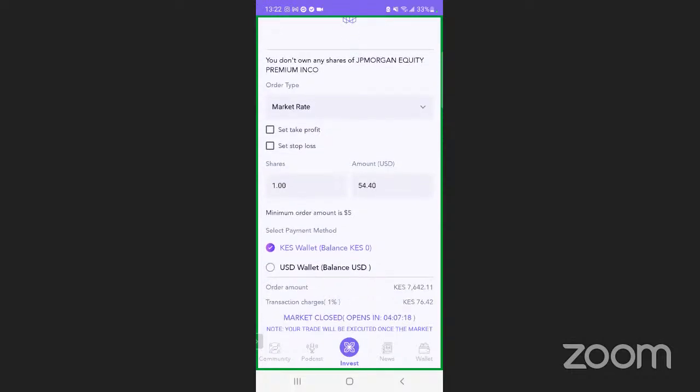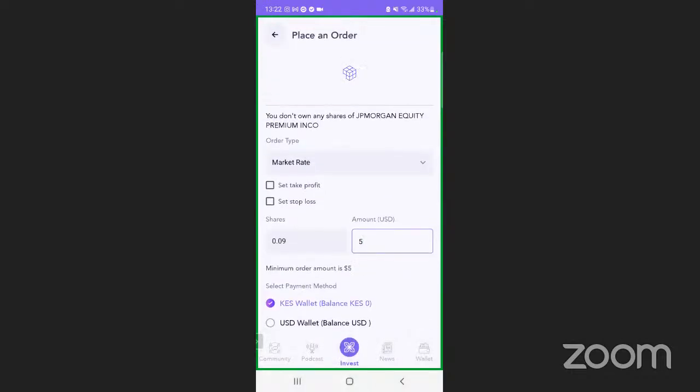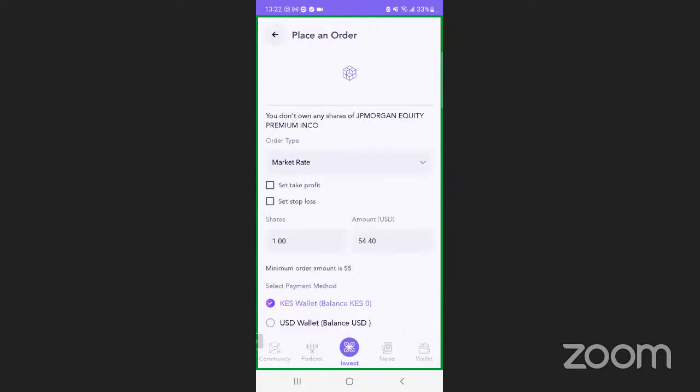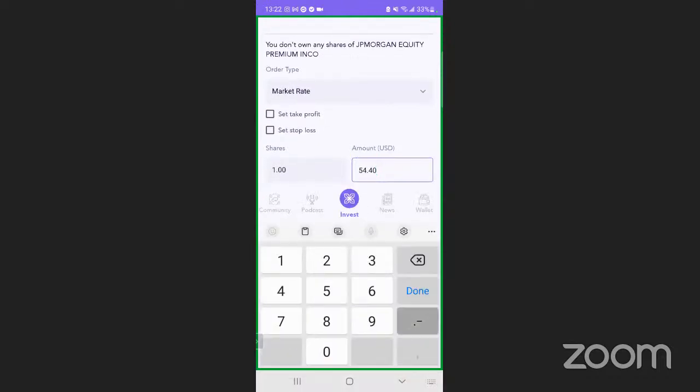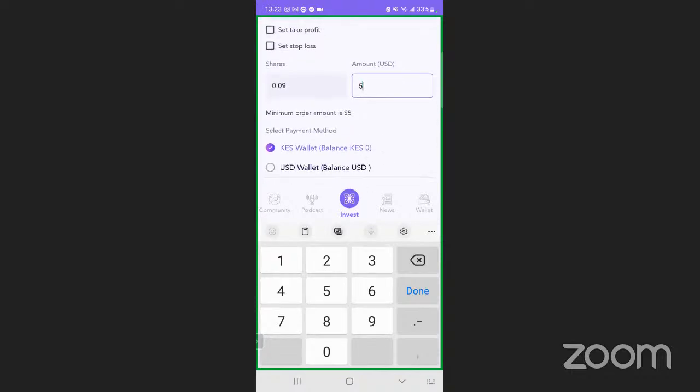When buying shares, you can buy as little as $5. And you see the ETF itself, how much is it going for? 54 USD. But you don't have to spend 54 USD. You can just buy as low as 5 USD, and then you'll get 0.09 of that ETF. And that's what we call a fractional share, or rather a fractional part of the ETF.